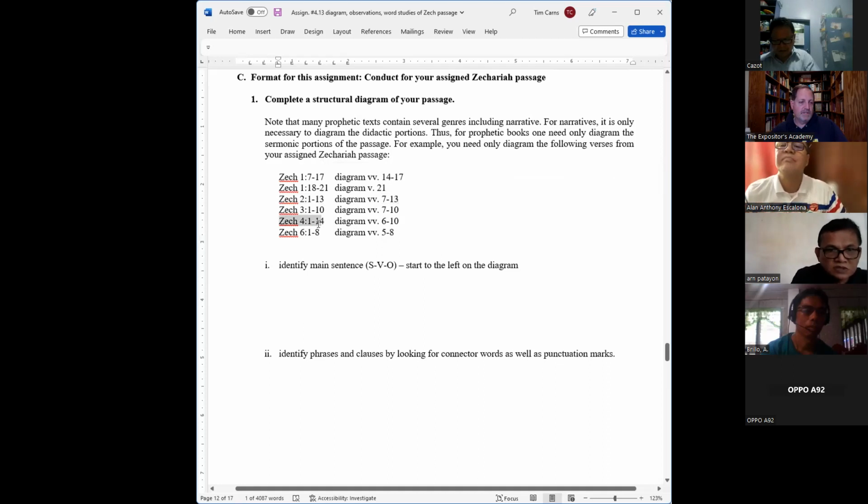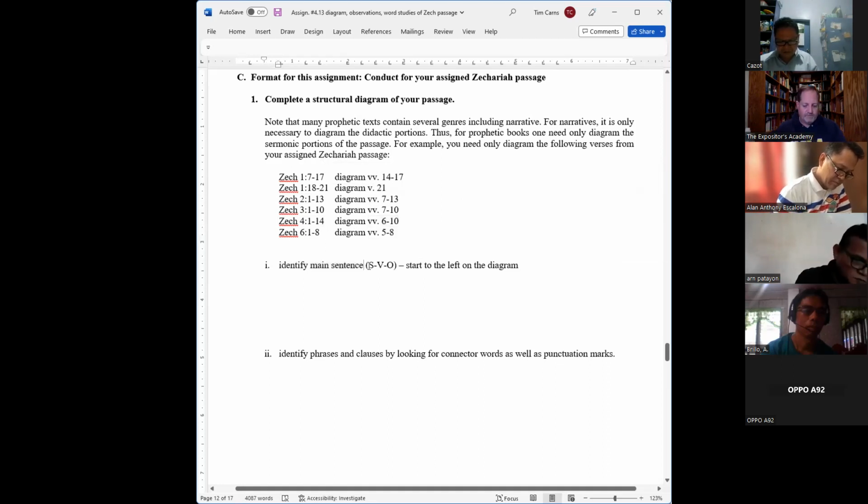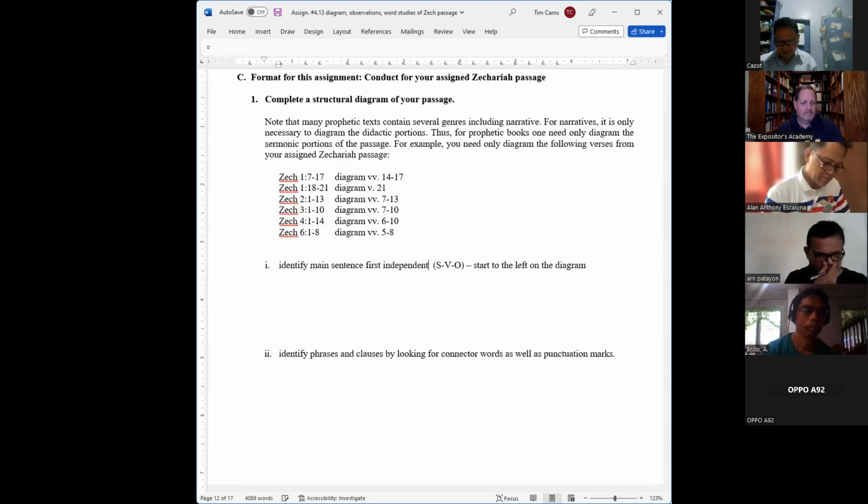If your passage is from Zechariah 4, just diagram verses 6 to 10. You don't have to do all 14 verses. I just picked out a few for you to diagram. All right, and then it said identify the main sentence, or really, again, you could say the first independent clause.